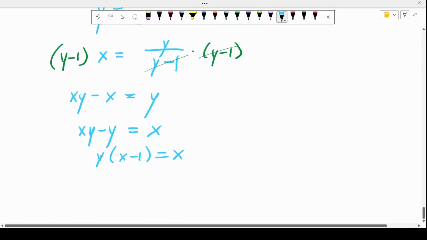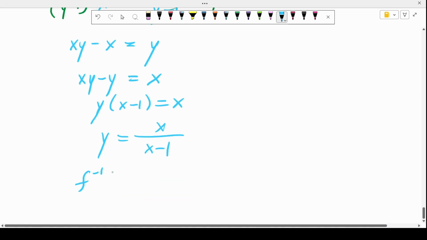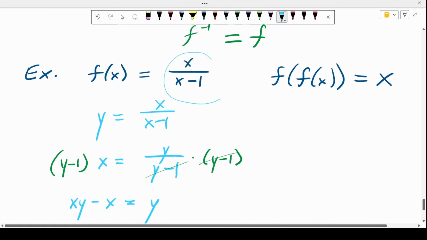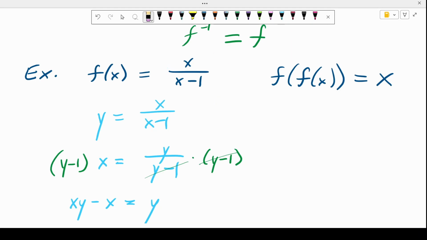And how do we solve for y? Well, we divide both sides by x minus 1. y equals x over x minus 1. So therefore, f inverse of x is x over x minus 1. Is that identical to the function itself? Yes, it is. So this is a self-inverse. I've shown that the inverse is itself.